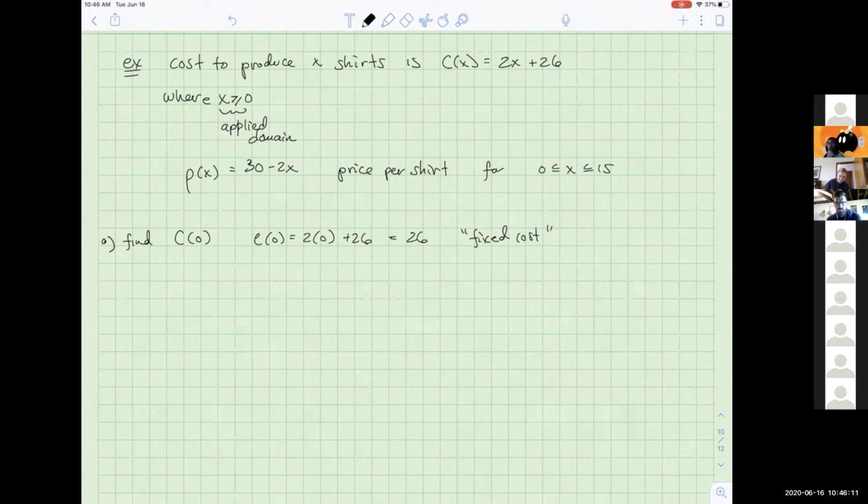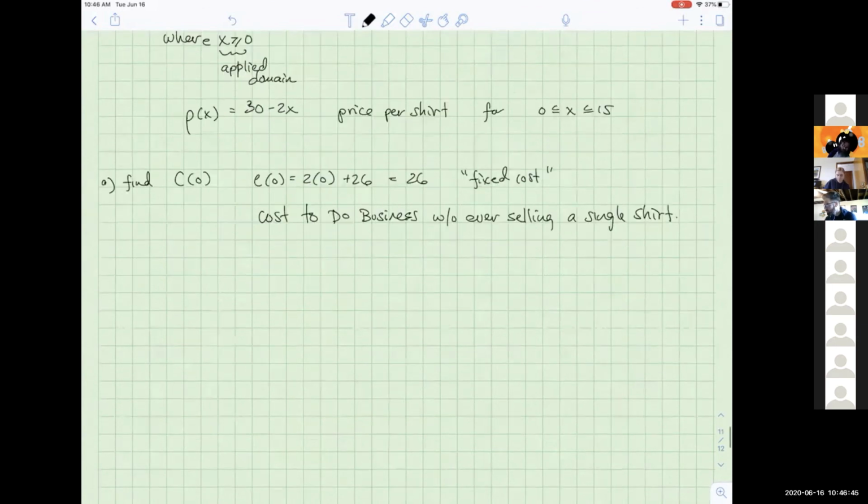You're going to go to Threadless, you're going to design your own t-shirts, but then you're going to start printing them. Threadless doesn't work that way, but they're going to want $26 to start up and then $2 per shirt. But if we're not going to produce any shirts, this is the cost to do business without ever selling a single shirt.